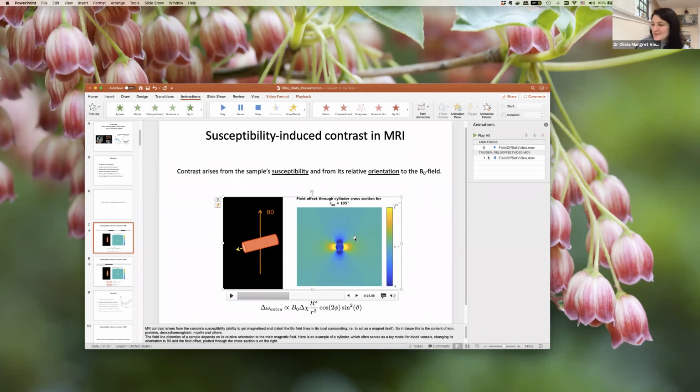Now it is almost perpendicular, and the extravascular field offset is now maximized, and the intravascular will go in the opposite direction. And it is the extravascular field offset that we mainly care about, because that covers most of the space we're sampling from, and which becomes really dominant above 4 Tesla.